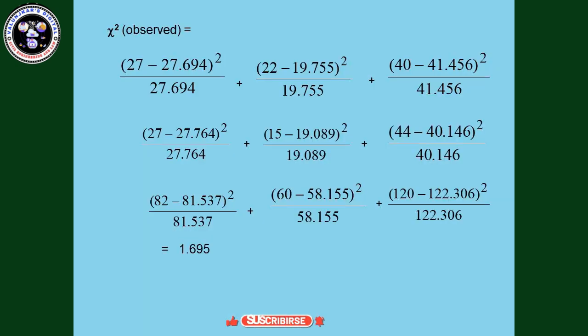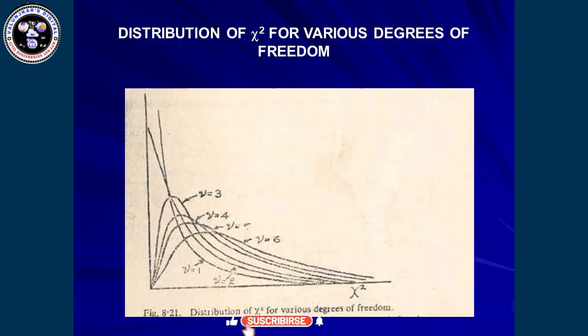The chi-square value observed is 1.695. The distribution of chi-square for various degrees of freedom.